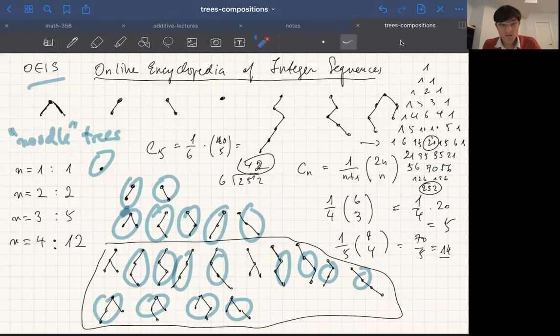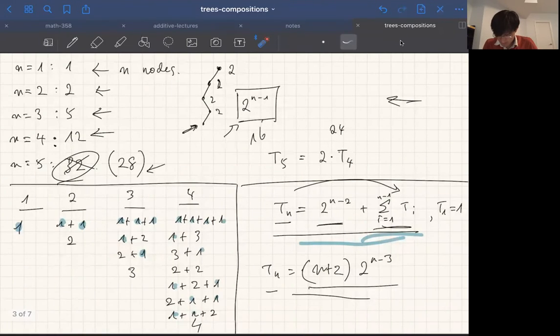Sum n equals 1. Okay, is there a way to just do it from this? So, okay, this is n times 2 to the n minus 3 plus 2 times 2 to the n minus 3, which is 2 to the n minus 1.